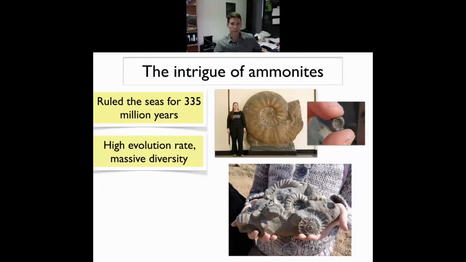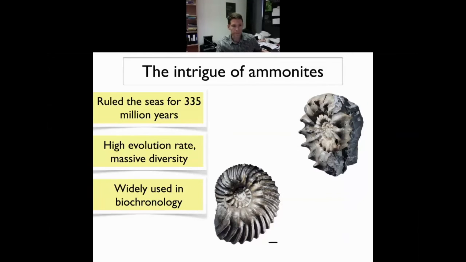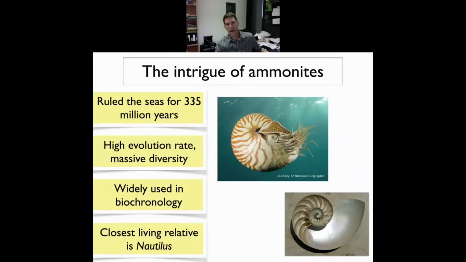It's remarkable because you're finding something that has been extinct for 65 million years just lying on the beach. Because they were so abundant, they're useful in biochronology, dating rocks in different areas. They've been extinct, but they have a close relative, the nautilus, which is a canonical shell that I'm sure is recognized by everyone.